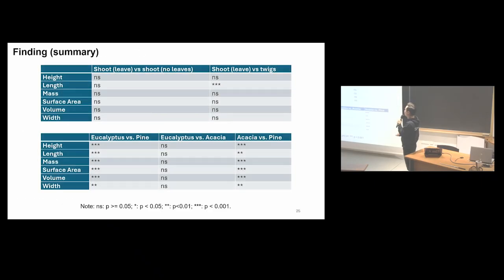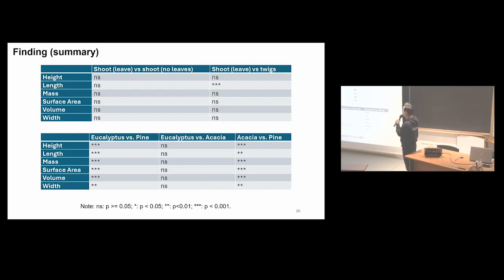We compare the shoot with leaf and the shoot without leaf. There is no significant difference based on our investigation. We see the shoot with leaf versus twig, no significant difference except for length.